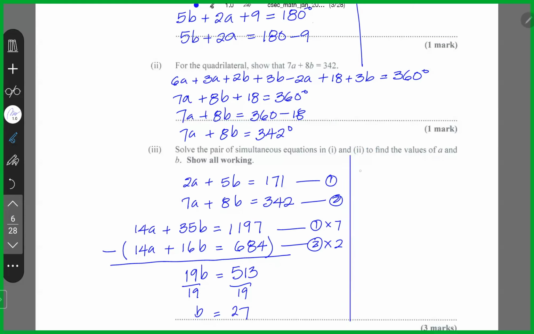For equation 1, I'm going to have 2A plus 5B, but remember B is 27, is equal to 171. 2A plus 5 times 27, which is 135, is equal to 171. 2A is 171 minus 135.